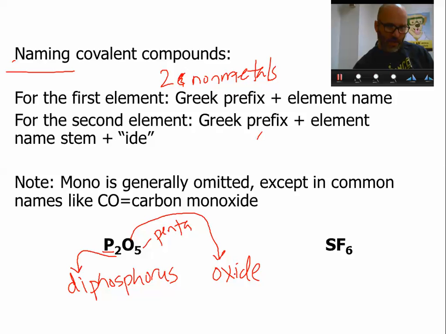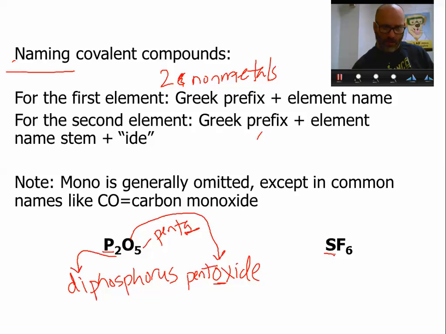When you put penta with oxide, we drop the A, so we don't say pentaoxide, it's diphosphorus pentoxide.